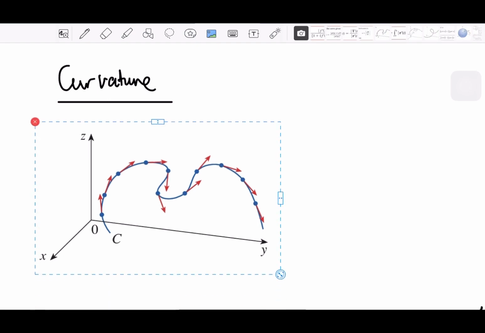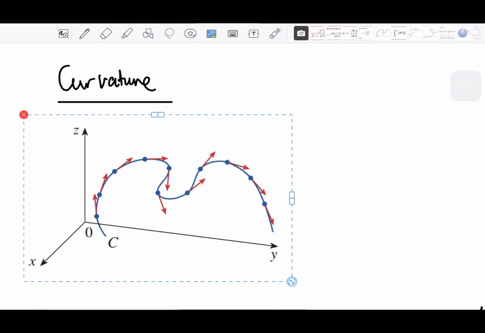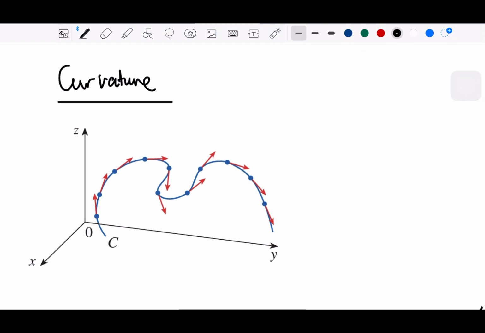Okay, let's say this is a curve C, and the red color means that it is the tangent, the tangent for each point on the curve C. They are all unit tangent vectors.